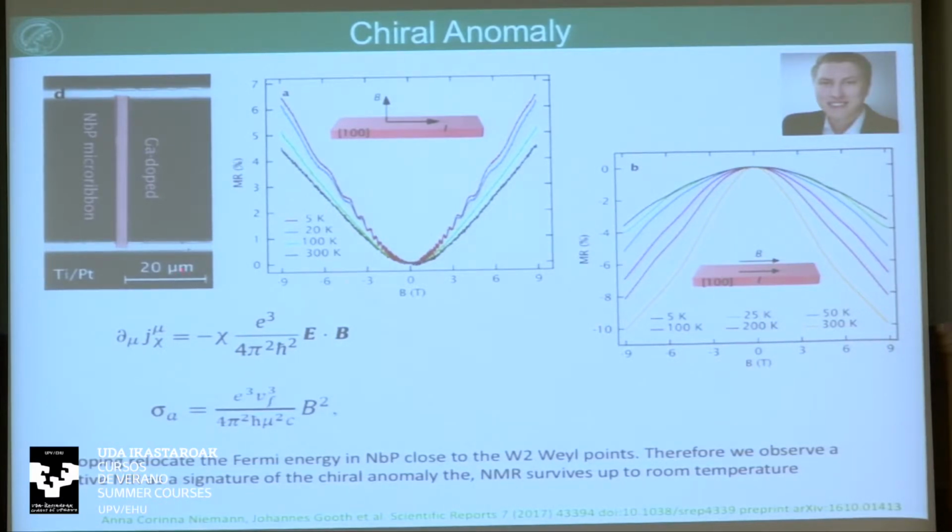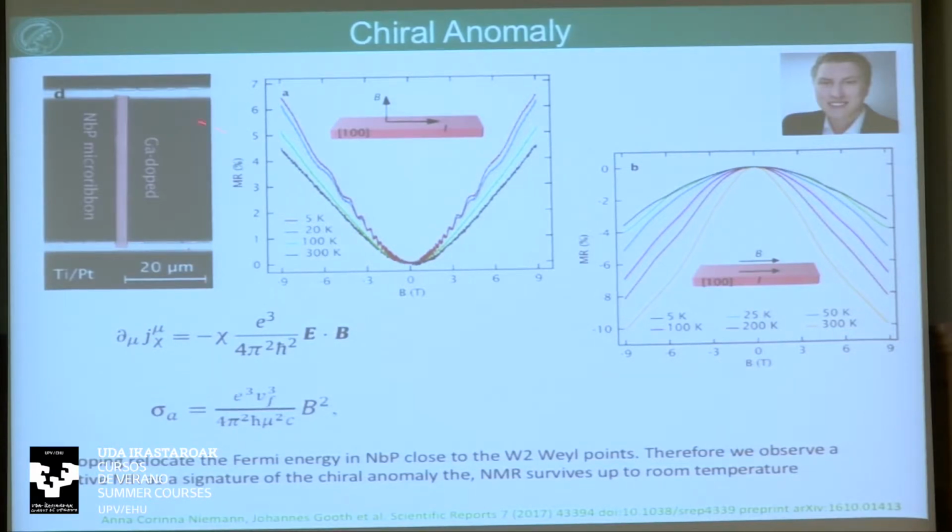Coming back to the chiral anomaly, Johannes did very nice work on this in collaboration with us by making this niobium phosphide nanoribbon. The nice thing is we can always say exactly where the Fermi energy is in this material, because these wiggles here are not noise. They are quantum oscillations, and the quantum oscillations can be compared with the calculation of Jansson, who is also in the audience somewhere. From this we know exactly whether the Fermi energy is at the Weyl point, because otherwise you would not see anything.